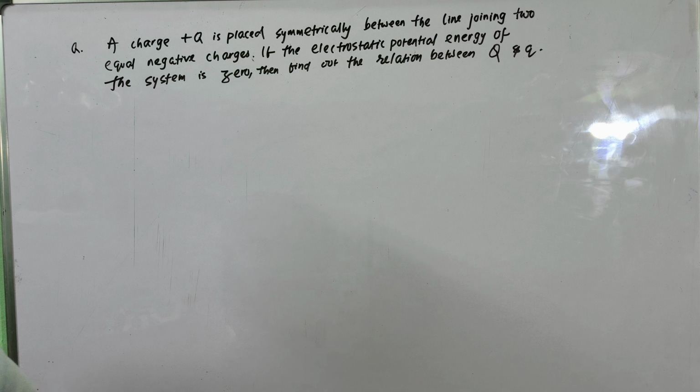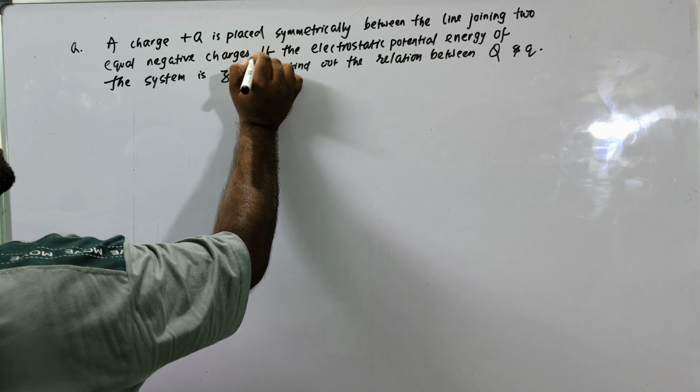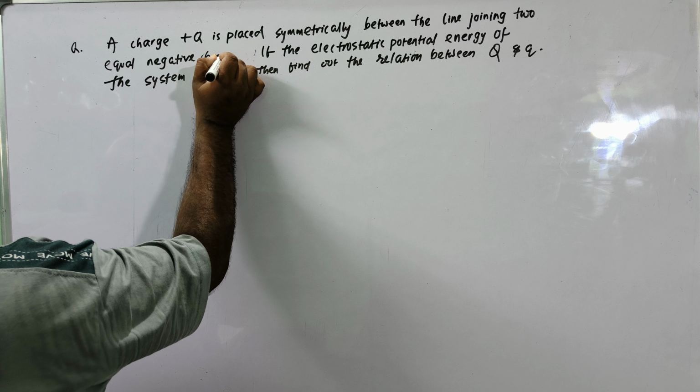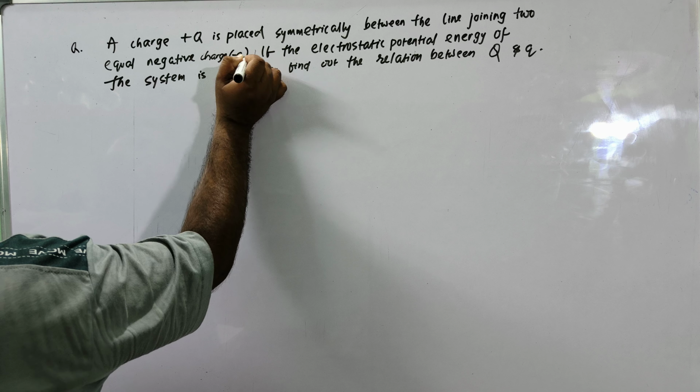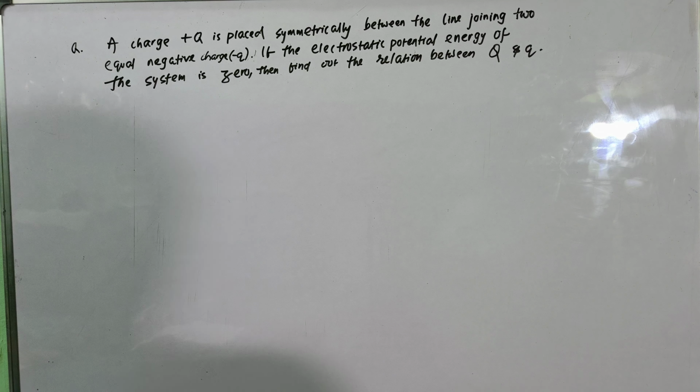Okay, so it is given that this positive charge is Q, and this negative charge is small q. The equal negative charges are minus q. So you need to find out the relation between Q and small q.